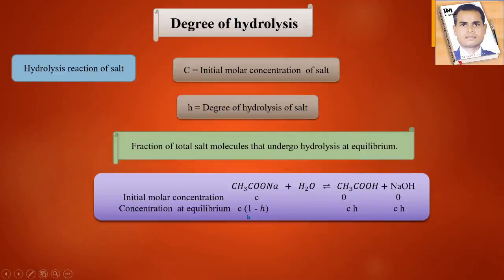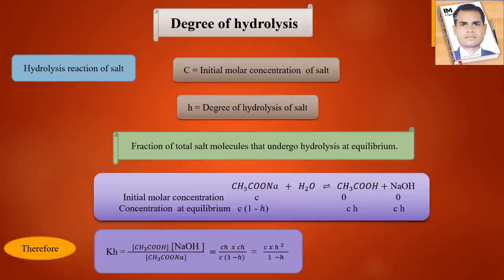and the concentration at equilibrium you have to consider as small c in bracket 1 minus h, and for the acetic acid ch, not capital, small ch, and again small ch for NaOH.